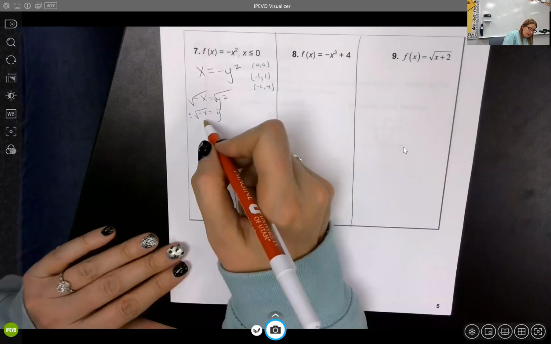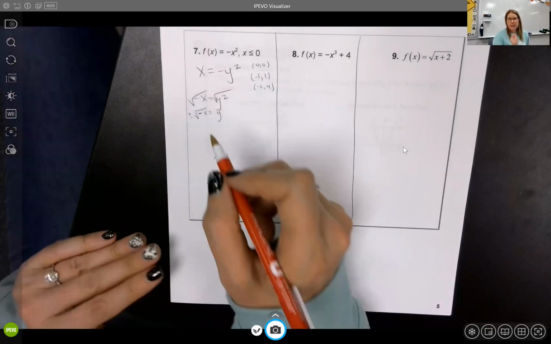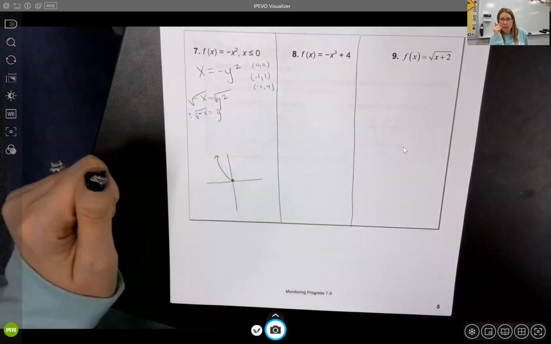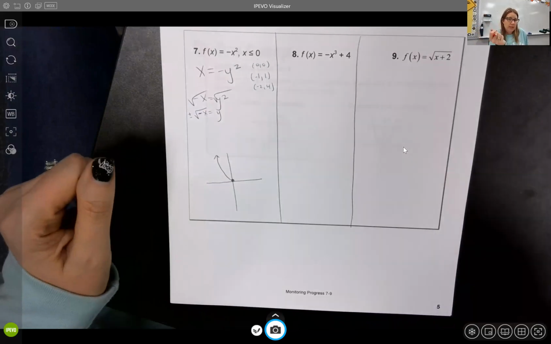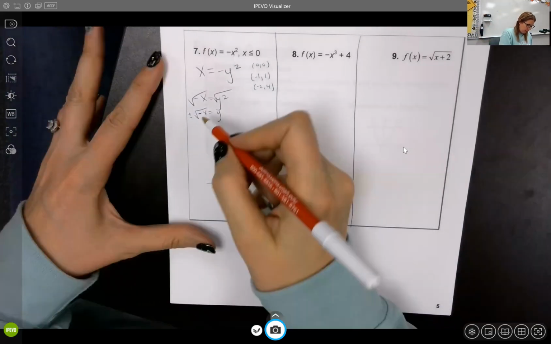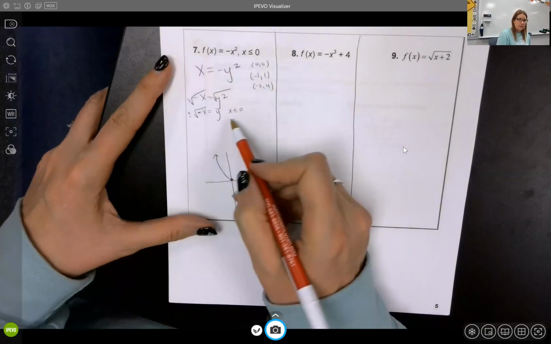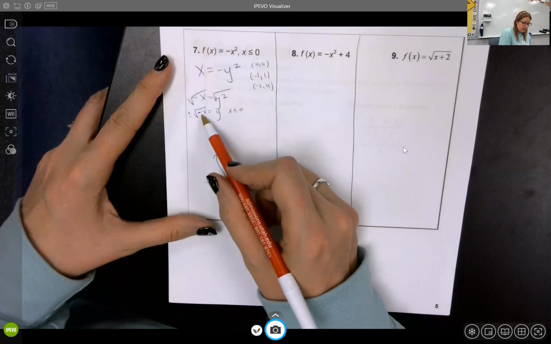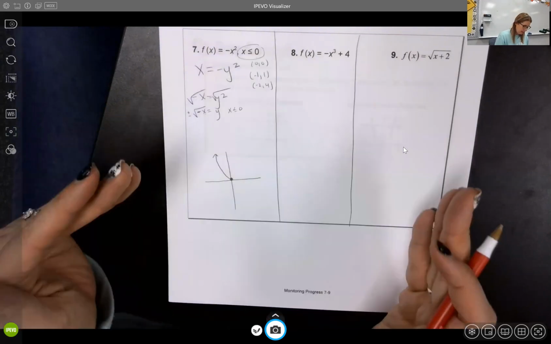So we never have a negative inside except for if this is x. So if I have an x right here, I can plug in a negative 1 and I would get negative 1, and times a negative 1 I would get a positive. So this will work only if x is less than or equal to 0, right? Because then that will change that to a positive. So that's why we had to specify that specific domain, okay?